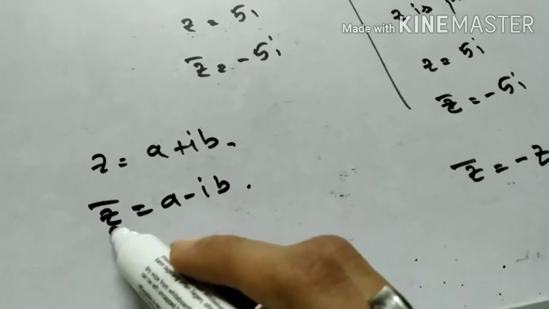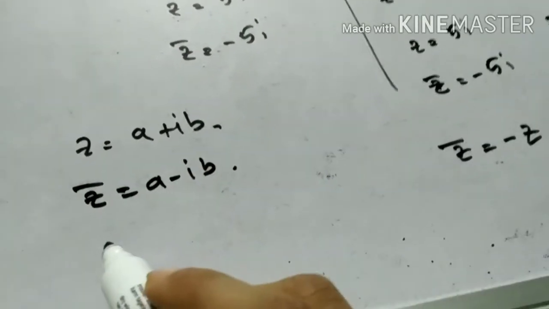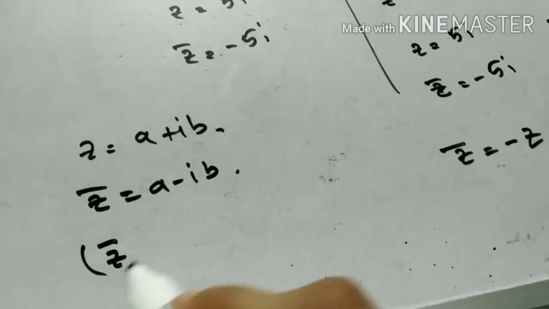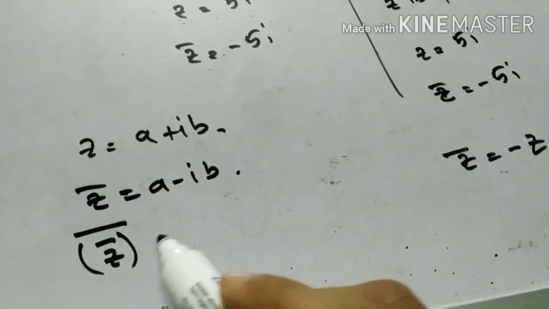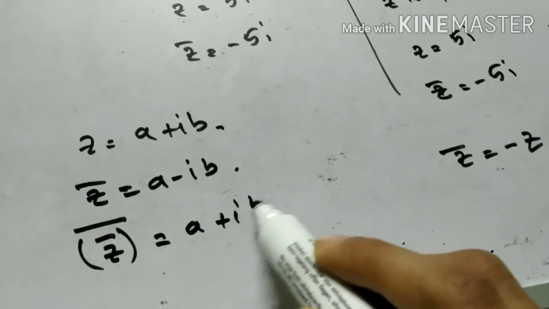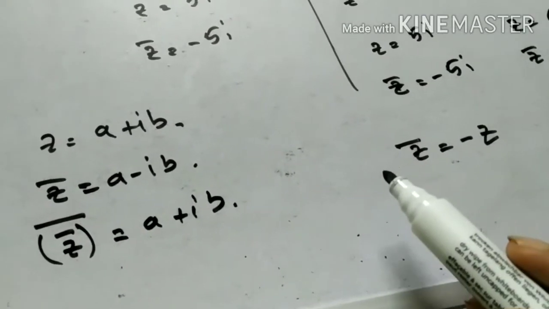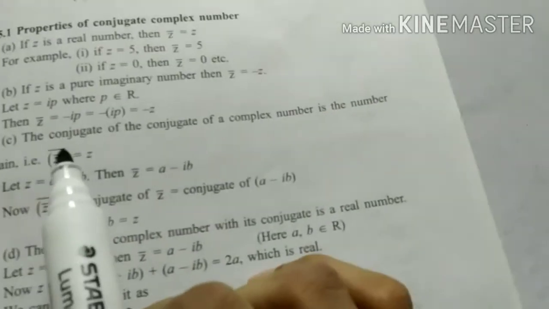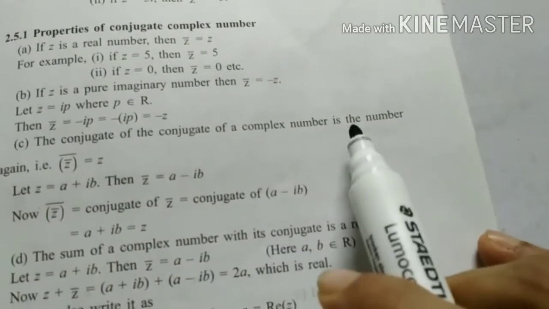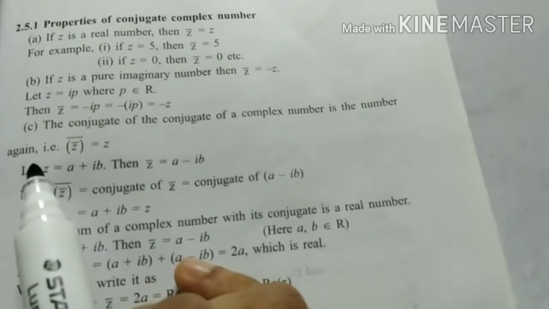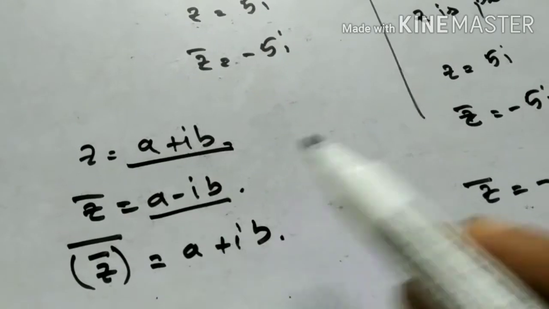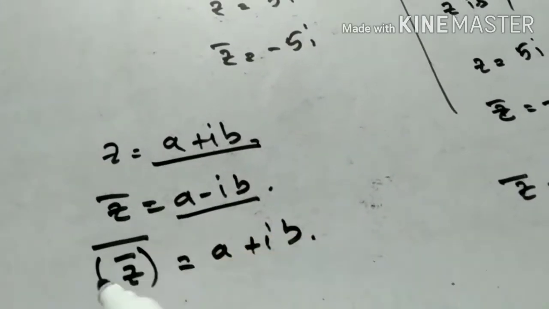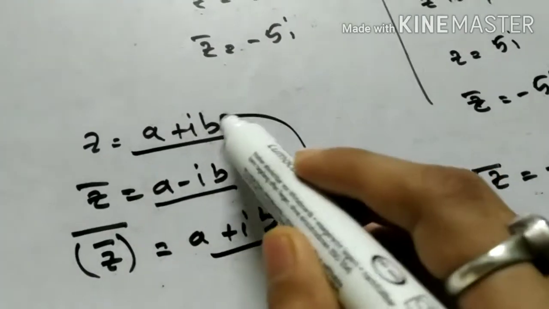Now the conjugate of Z bar, which I can say Z bar again bar, becomes A plus IB. Understand? So therefore I can say that the number was A plus IB, its conjugate is A minus IB. Now the conjugate of this conjugate becomes the number again.